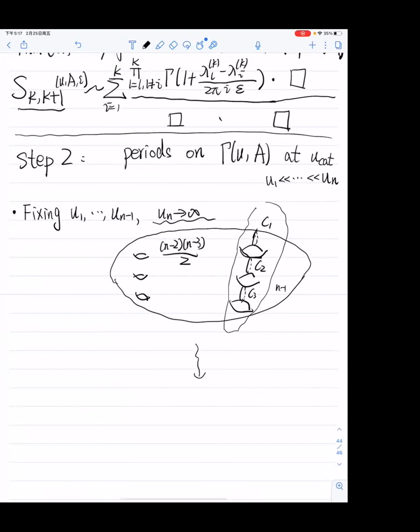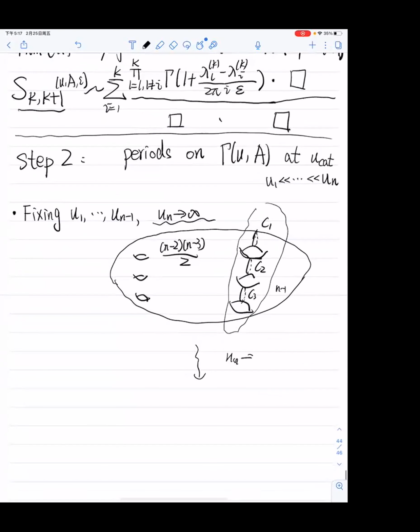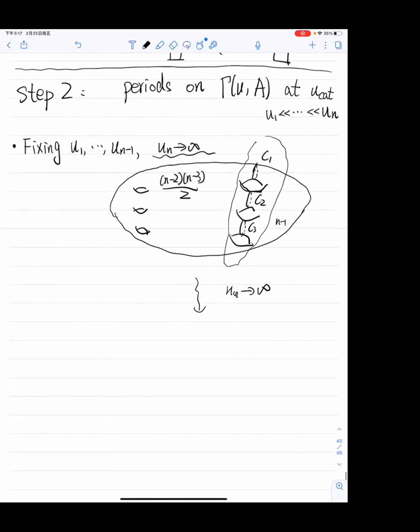So actually, as U_n goes to infinity, they become vanishing cycles, which means that in this limit, the curve actually degenerates to the following. So each of these C_i becomes a vanishing cycle. I'm not sure if I can draw it very well.